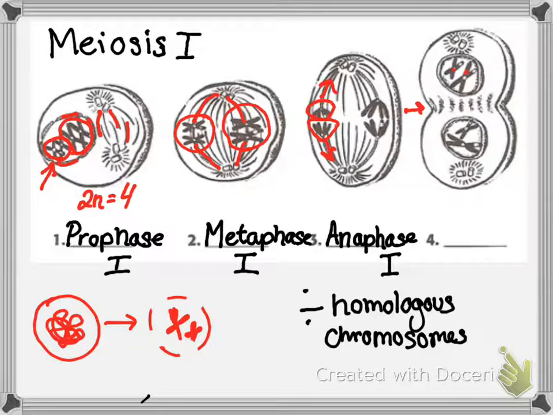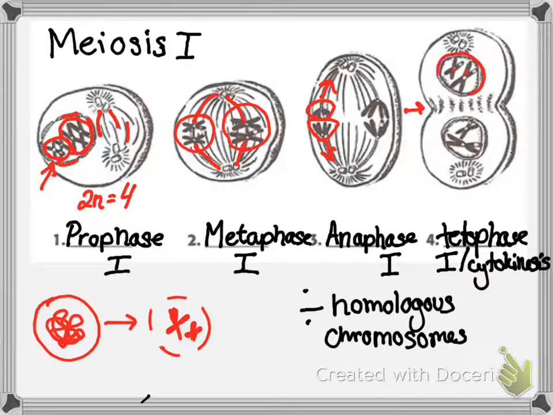What this last stage is showing is telophase 1, and it happens at the same time as cytokinesis. Sorry if that runs off the screen. In cytokinesis and telophase 1, there's a few things that are going to occur.